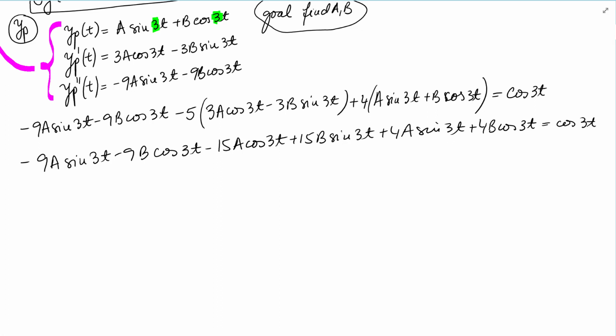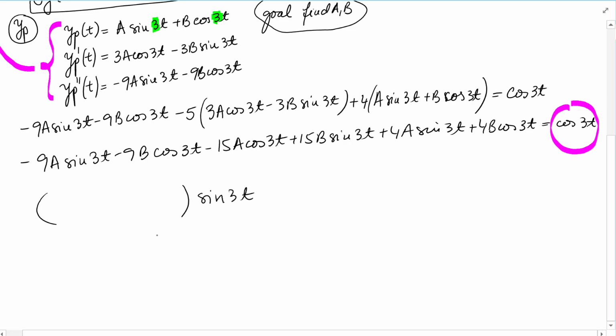I'm going to write on the left side sine of 3t with some constants in front of it, plus cosine of 3t with some constants in front of it.